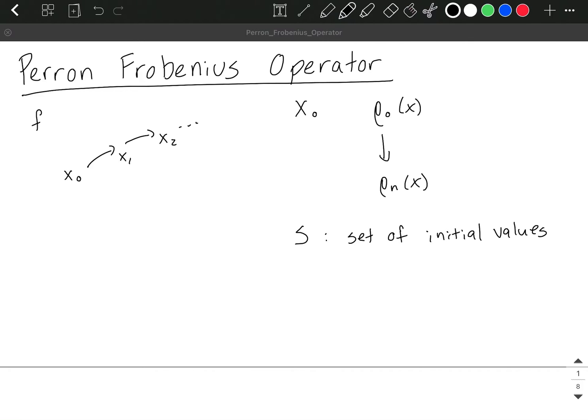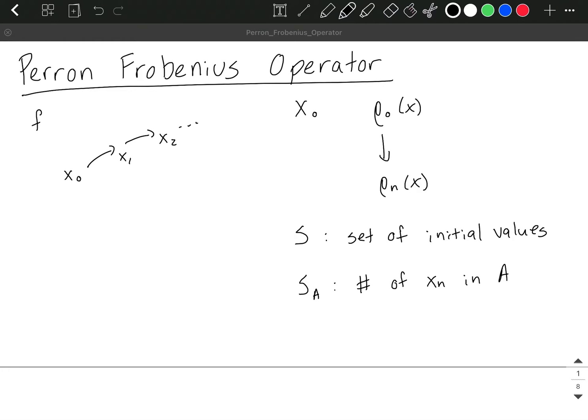But we can't precisely observe the function rho n of x. What we can observe, though, is the number s sub a, where s sub a is defined as the number of iterates x sub n found in a certain part of phase space. Let's call that part of phase space A.